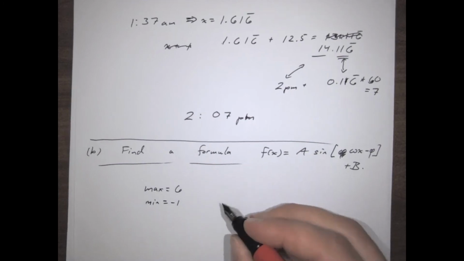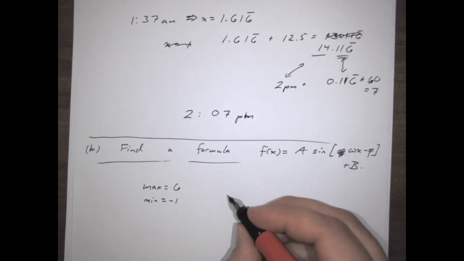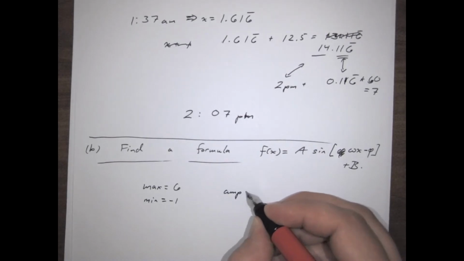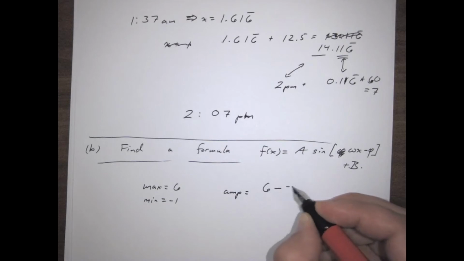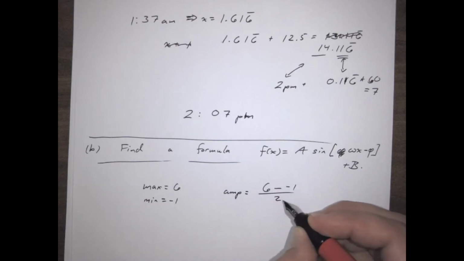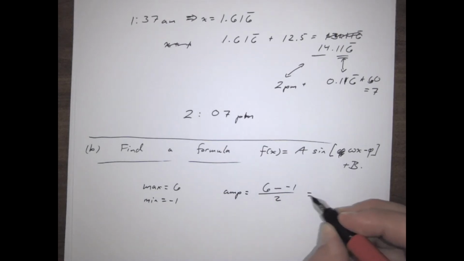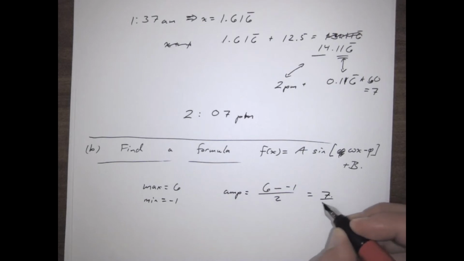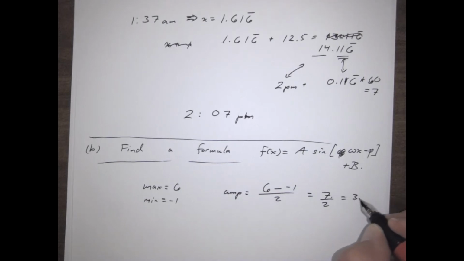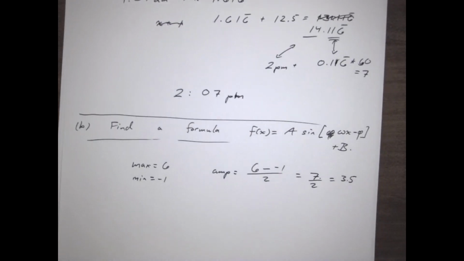So from that we can figure out, for one thing, the amplitude. That's 6 minus -1 divided by 2, which would be 7 divided by 2, which is 3.5. So the amplitude is 3.5.